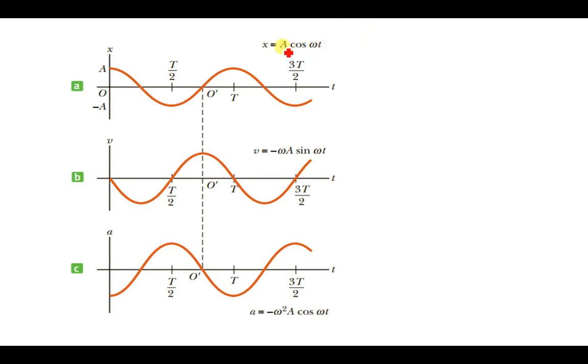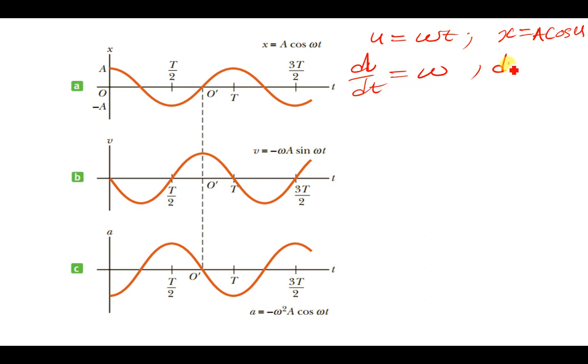So the first equation that we're going to have here using chain rule is u is equal to wt. And then the second equation that we have is x is equal to a cos u, where there's wt we put u. So we find du dt. So du dt will simply be equal to omega, and then dx du will just be negative a sine u, because when you differentiate cos u, this will be negative sine u. So that is what we're going to have.